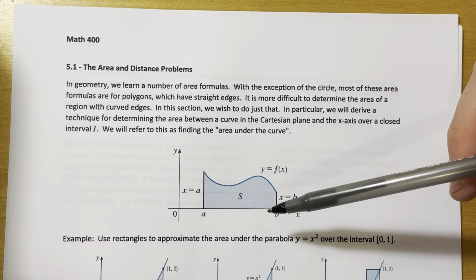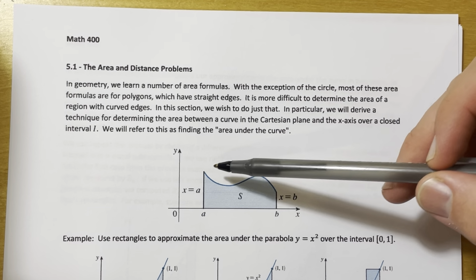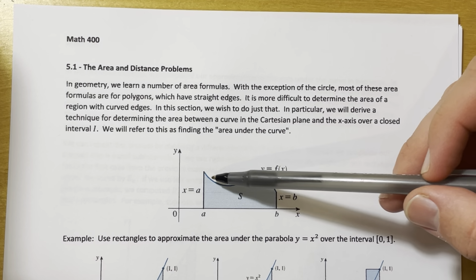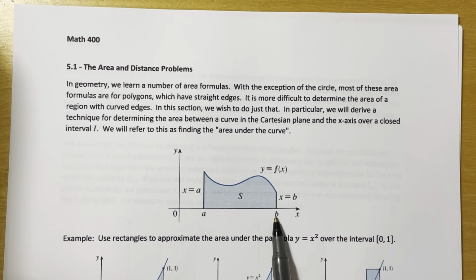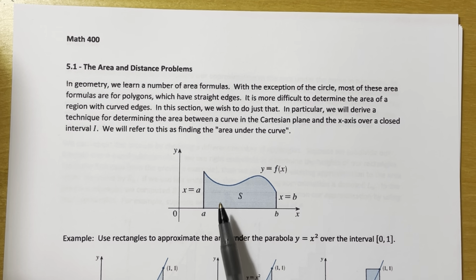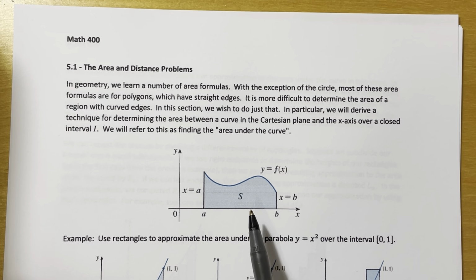So you can see in this little image right here, we have some function y equals f of x that's been graphed, and we're specifying a specific interval in the domain of that function, the interval a, b, so it kind of cuts out a little region there. And the region S is trapped between the part of the function that lies on that interval a, b and the x-axis. We want to come up with a way of determining the area of this region S here, okay?